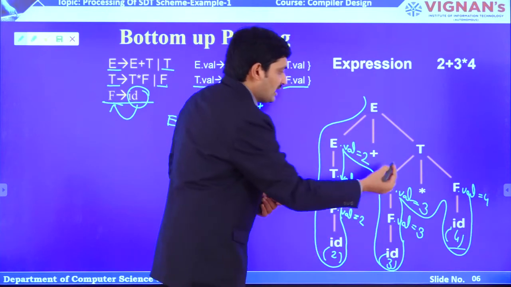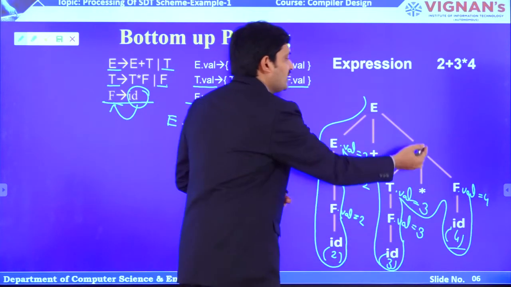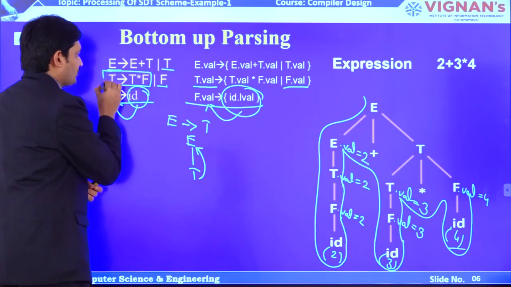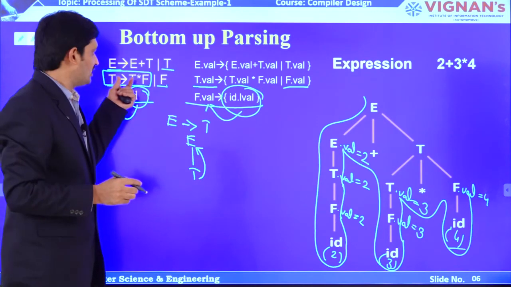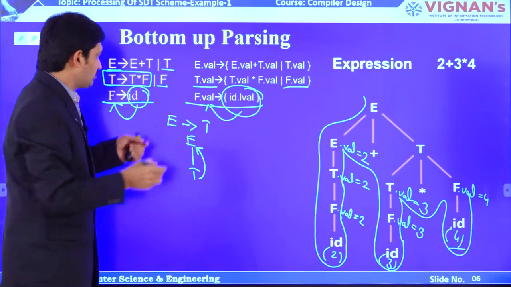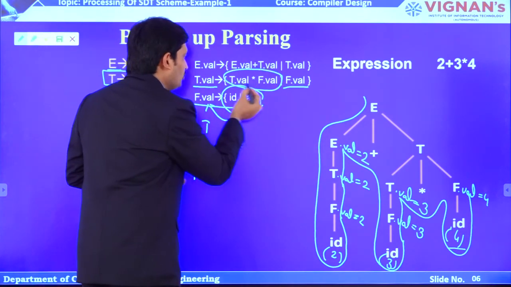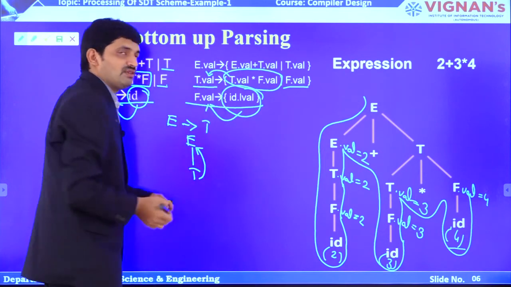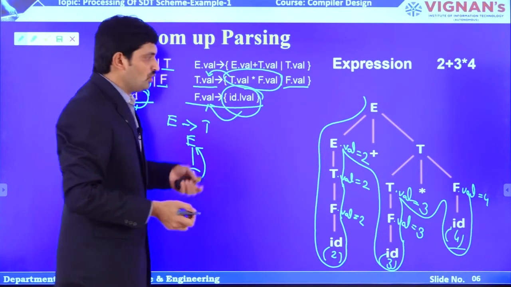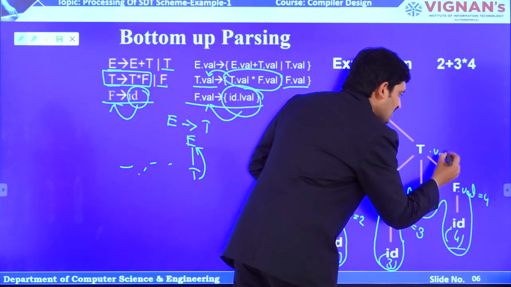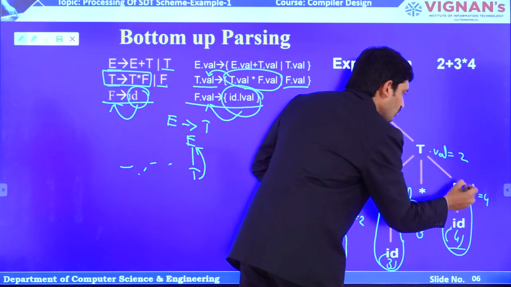After this, T value into F value is reduced to T as per this production, which indicates T tends to T star F. That means after finding the value of T value into F value, it is to be assigned to T value or reduced to T value. So 3 into 4 equal to 12, which is assigned to or reduced to T.